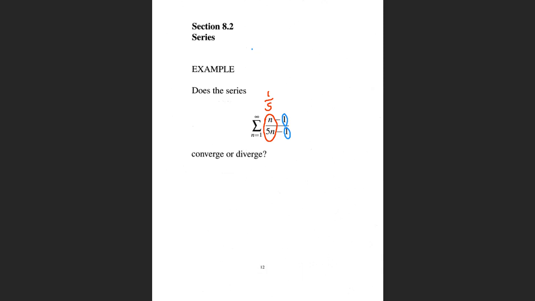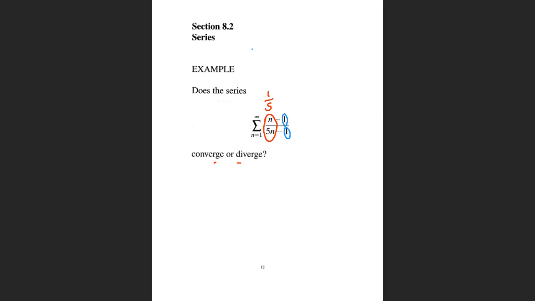So it's like we're adding up eventually a fifth plus a fifth plus a fifth plus a fifth plus a fifth and so forth. So would this series, do you think, converge or diverge based on that? That's right, Nathaniel. It would have to diverge.